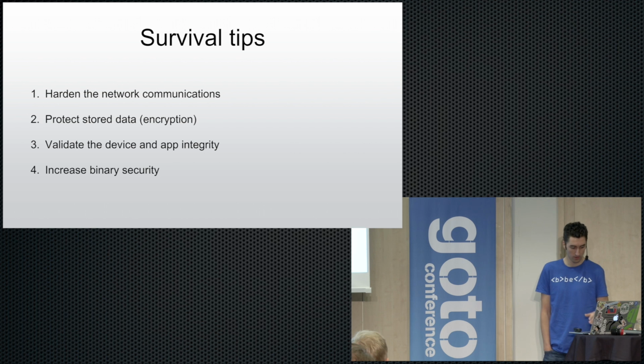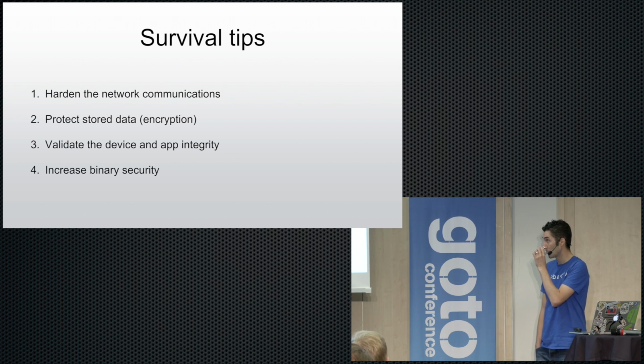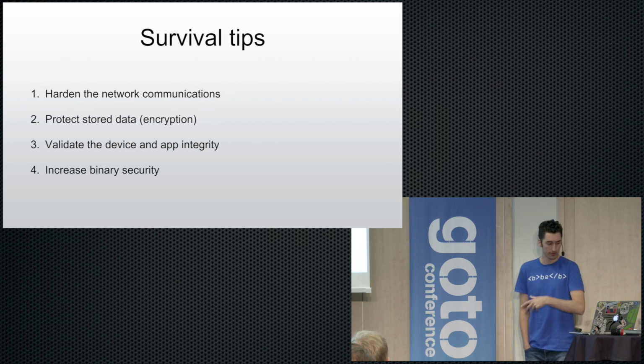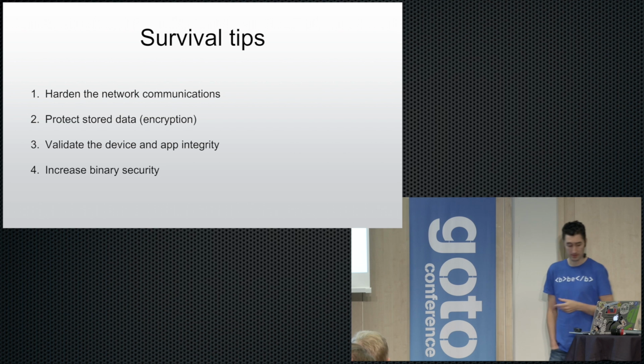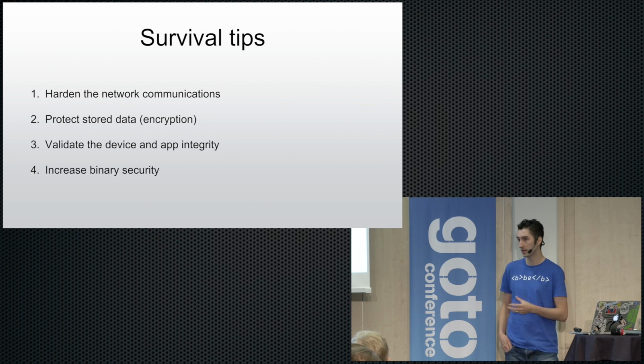Let's look at how we can survive in this jungle and improve our app security. I was going to focus on 4 areas. We want to harden the network communication between the app and our servers.